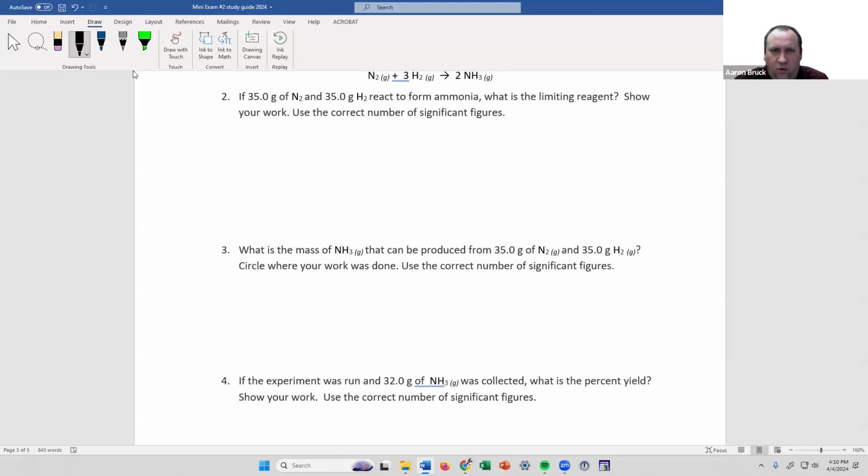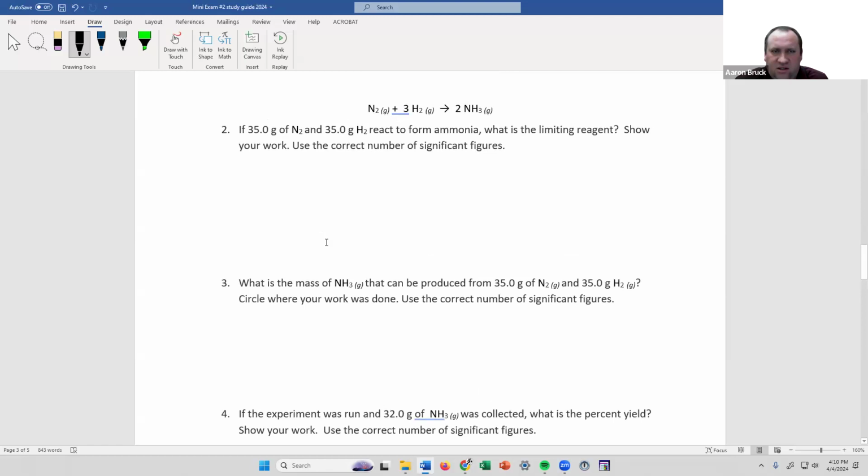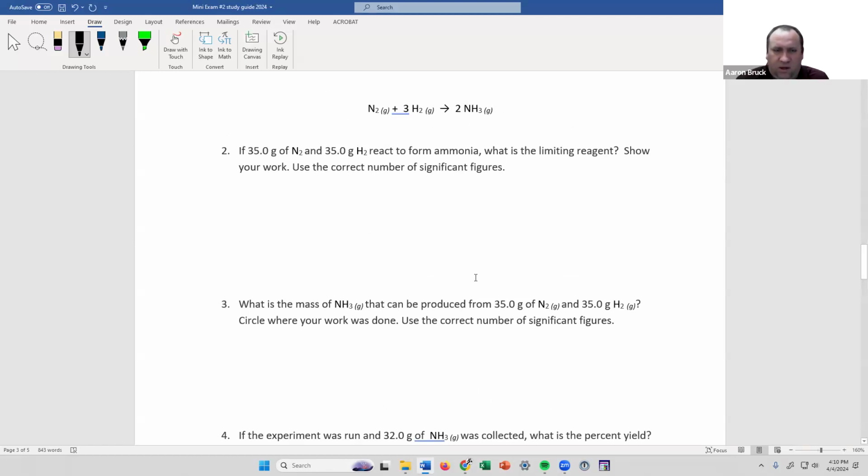What we can do is, in each scenario, set up our mole map where we're going to start with 35.0 grams of nitrogen and 35.0 grams of hydrogen. And we're going to try to figure out how much ammonia each one of them can make.